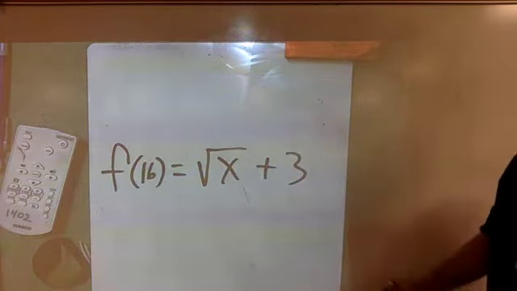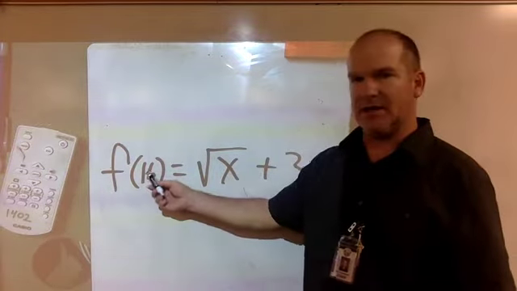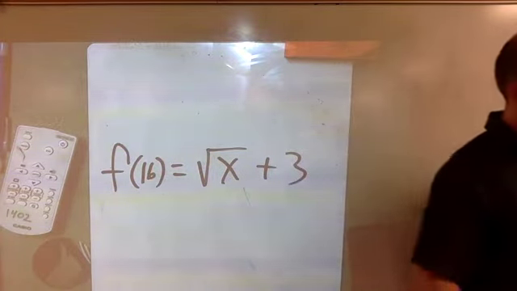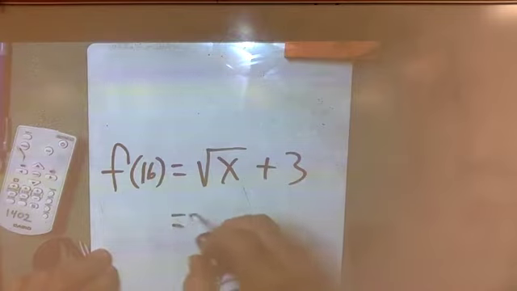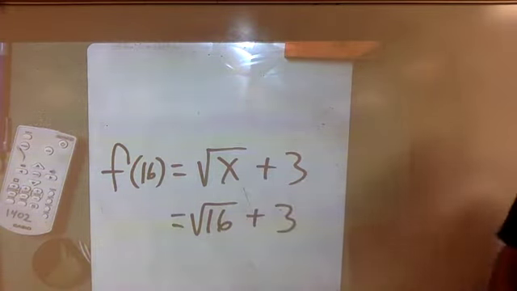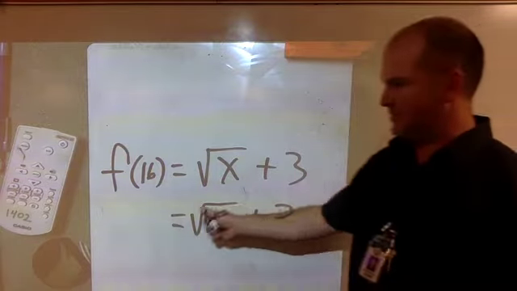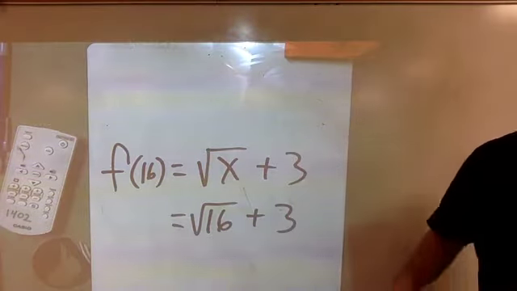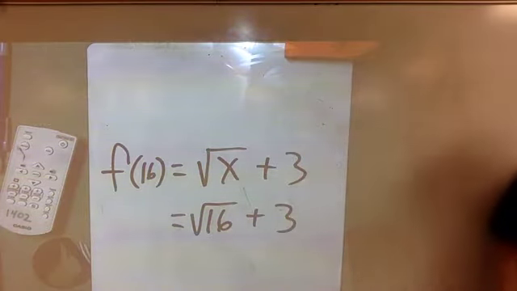That means you have to substitute 16 into the function. So you do that. The square root of 16 plus 3. Your answer is not 19. Don't ignore the square root symbol. You have to take the square root of 16.